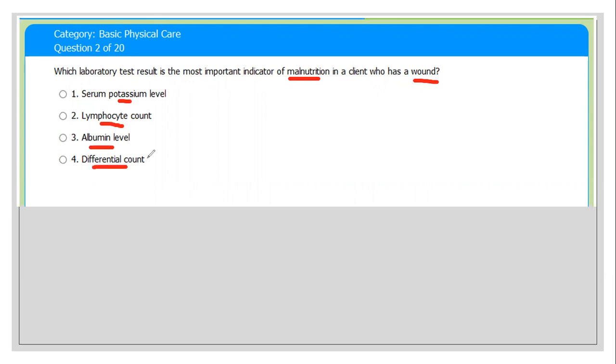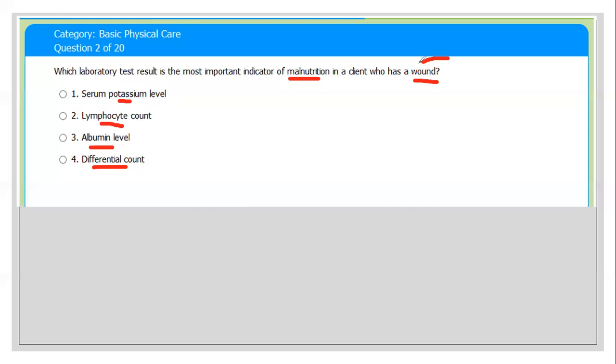Differential count is important if the patient has an infection: neutrophil, macrophage, monocyte, right? Same as an immunocompromised condition, it is better to check lymphocytes. Serum electrolyte imbalance is indicated by the potassium level.